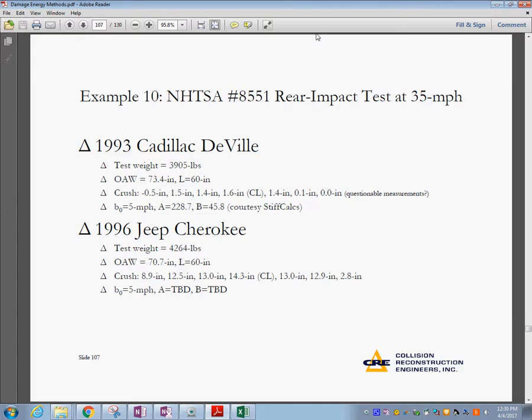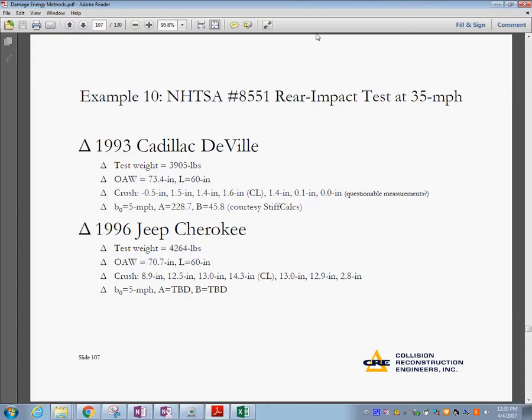The crash, so you can measure there. Then you have the other.